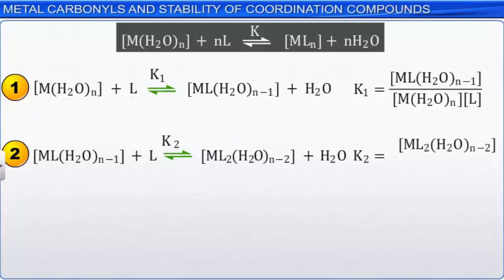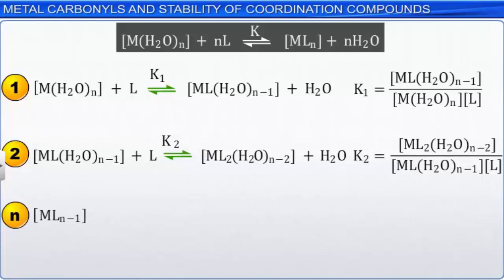The stability constant for this step can be written as Kn is equal to the concentration of MLn divided by the concentration of MLn-1(H2O) multiplied by the concentration of L. Here, the stability constants K1, K2 and Kn are referred to as stepwise stability constants.